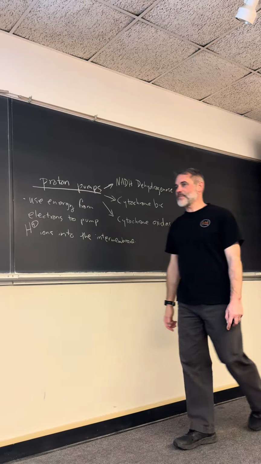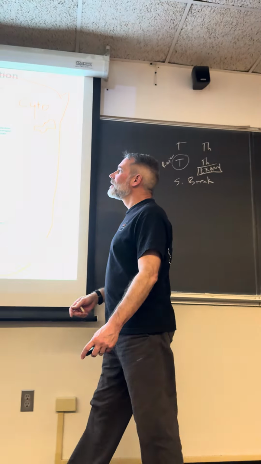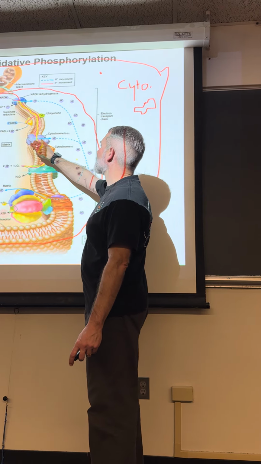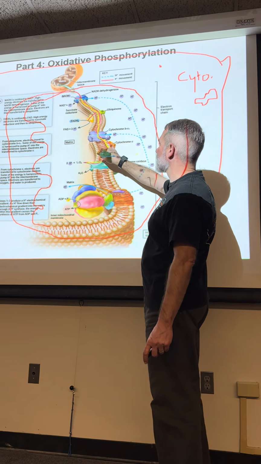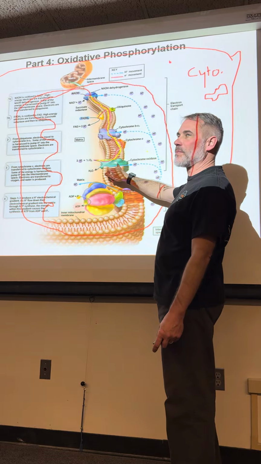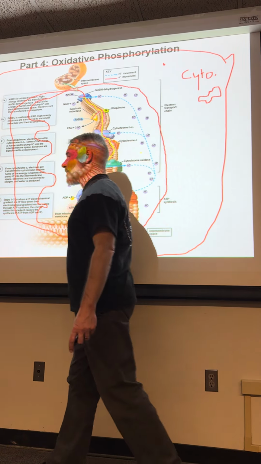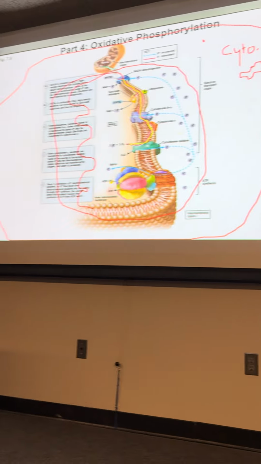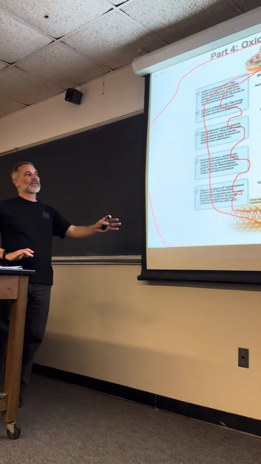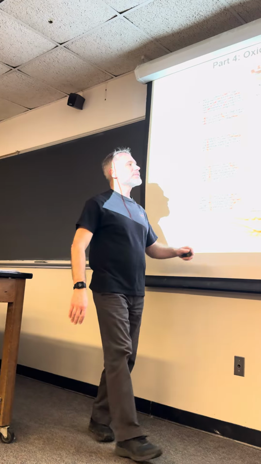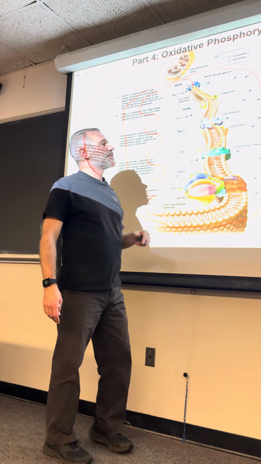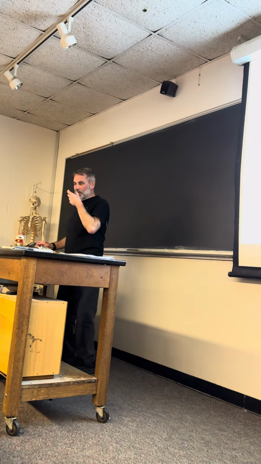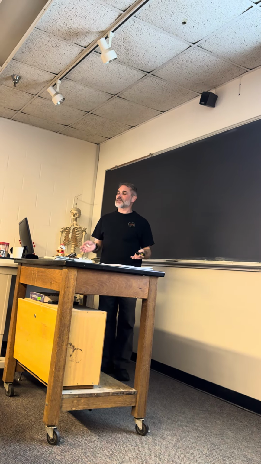Now, a little sidebar is that this little tangent of the electron's journey, where cytochrome C carries the electron from one pump to the next. Cytochrome C, if you are interested in the relationship between species, this molecule is used by zoologists and evolutionary biologists to determine the relatedness between organisms.